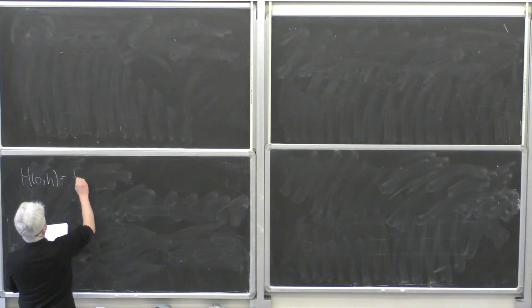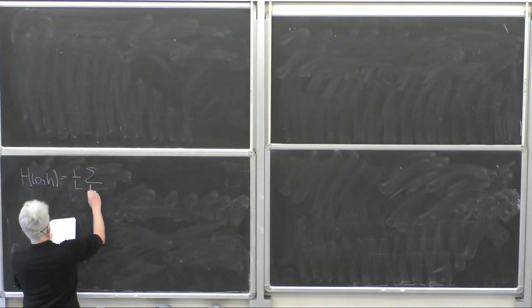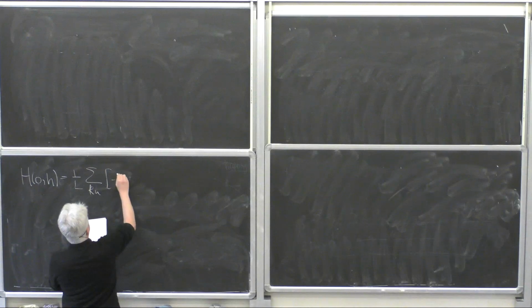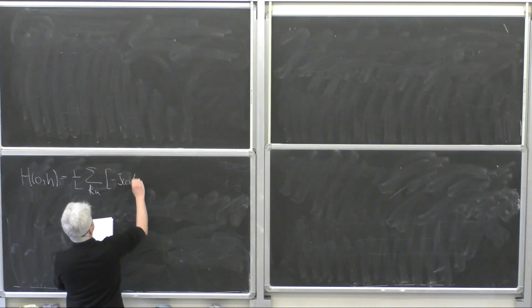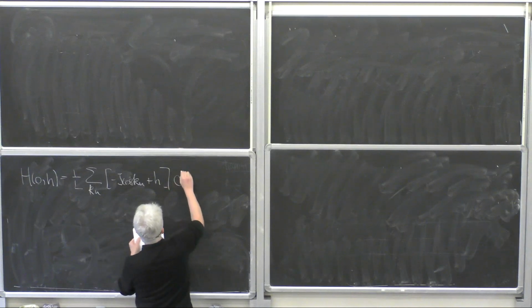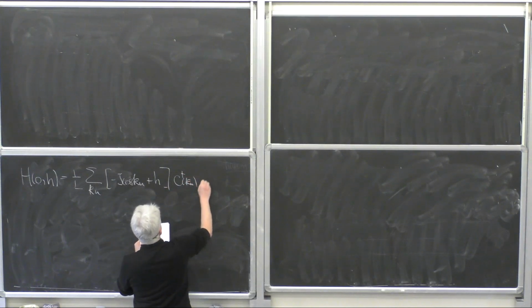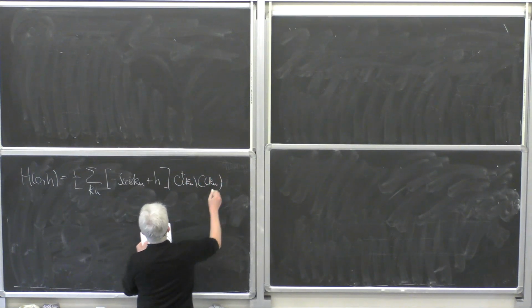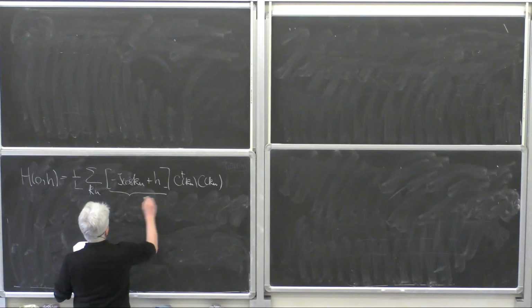So the Hamiltonian in momentum space, I can write like this, in either sector, and so this I call the dispersion relation.